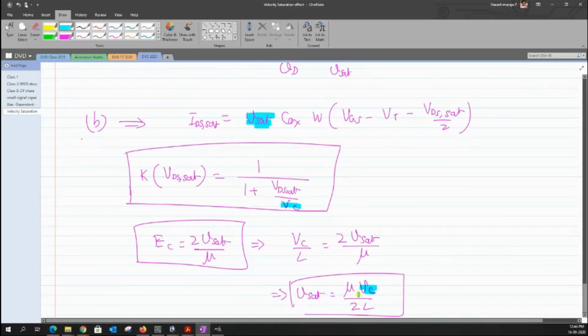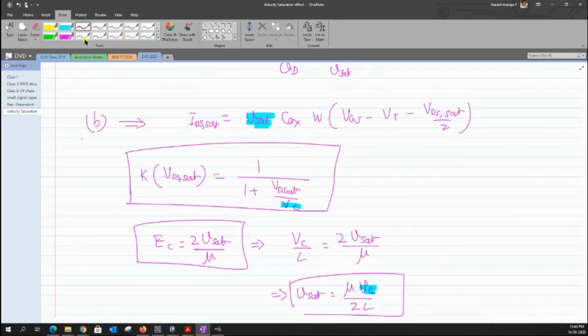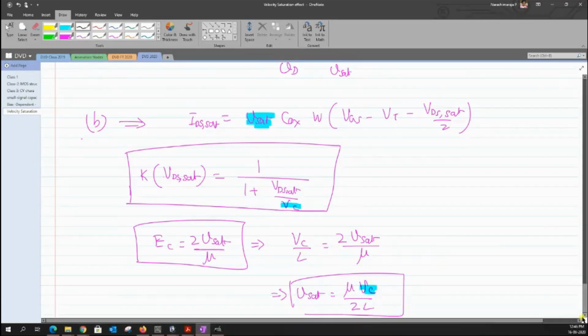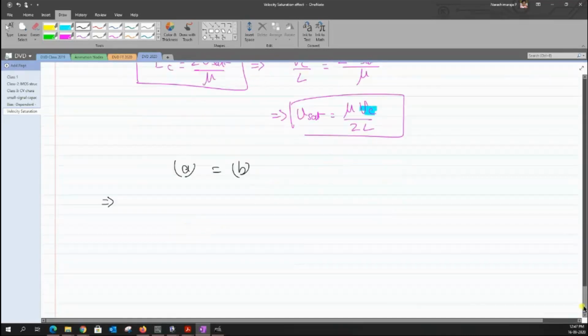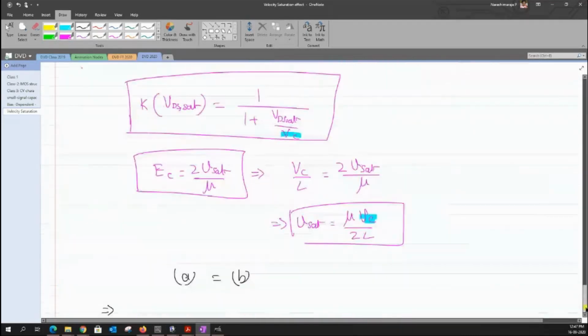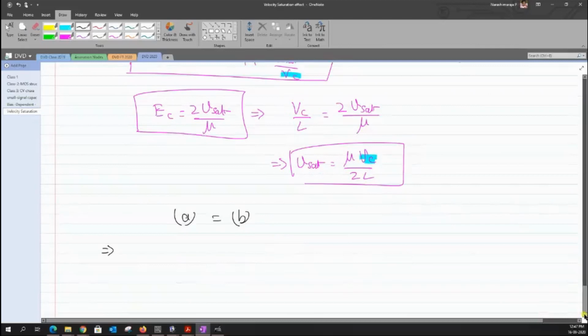Since both expression A as well as expression B are conveying the same current equation, I can equate both these equations. Let me first express them, and later I'll replace this VSAT. Maybe I'm just equating B equal to A.